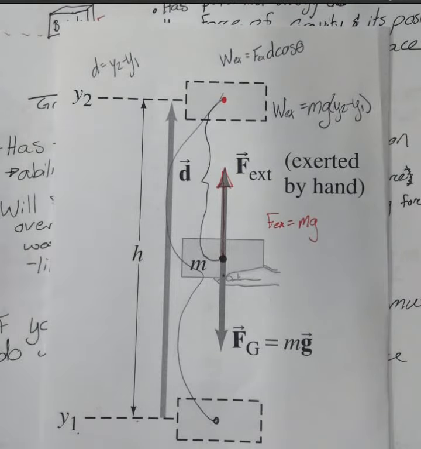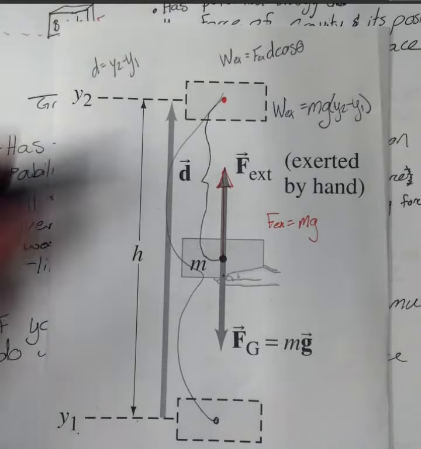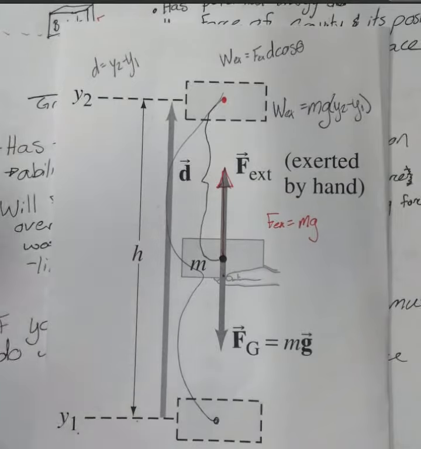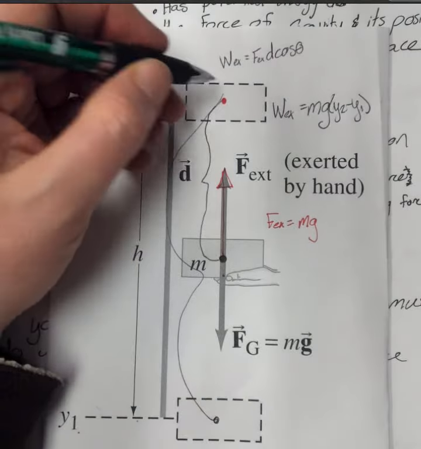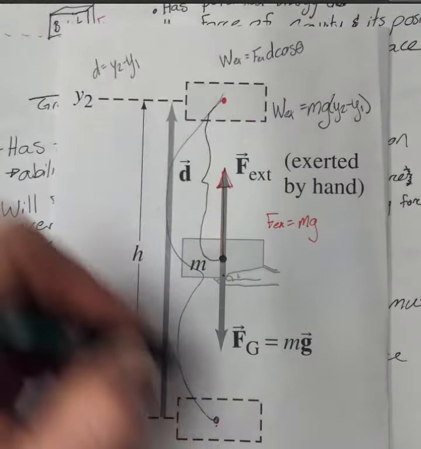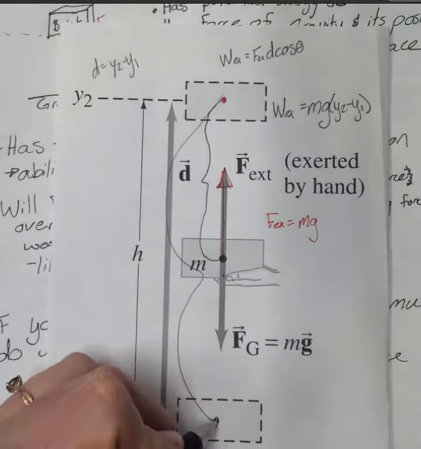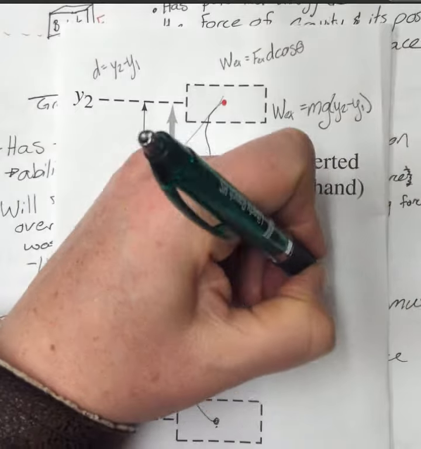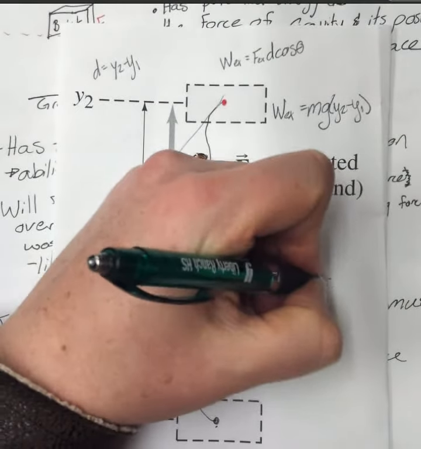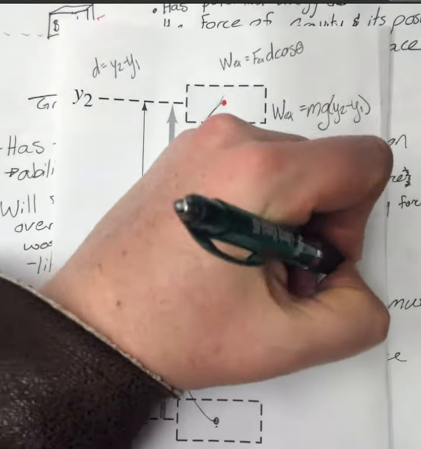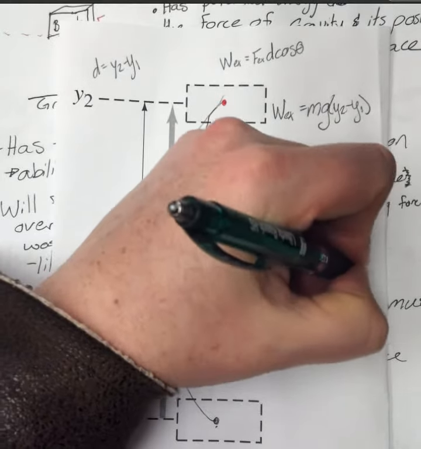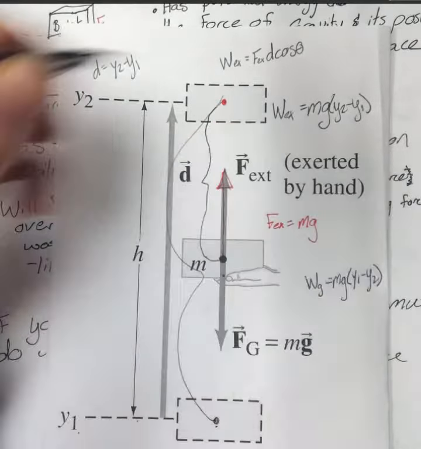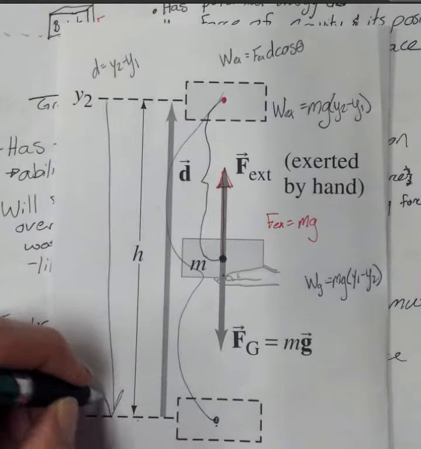However, if gravity were going to cause an object to fall down, then that means that the object is going to be falling down and that gravity is going to be acting down. So that means the work done by gravity would be mg times y1 minus y2, and that would be assuming this downward motion.